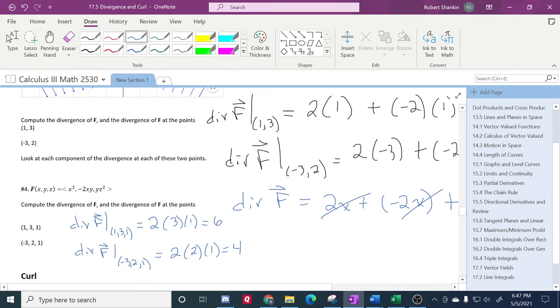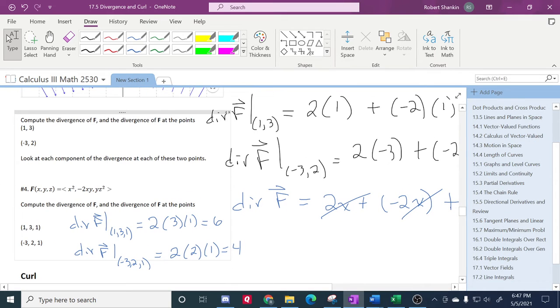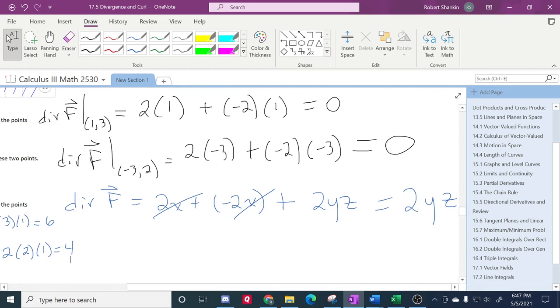And so in general, we get a function for the divergence at any point. And then we use that to find divergence at specific points. Sometimes we can deduce things just from this, like that the x component has no effect.